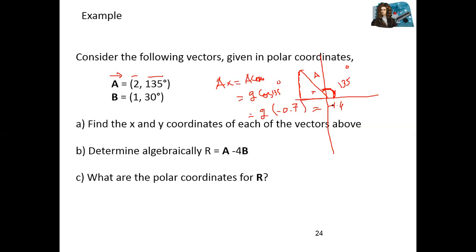Professor, I think cosine of 135 is minus 0.9 and the sine is 0.7. Actually, sine and cosine of 45 both are the same, 0.7. Okay, this one is correct.